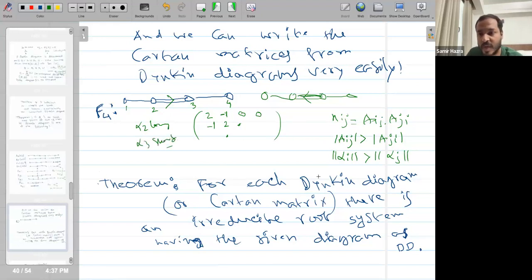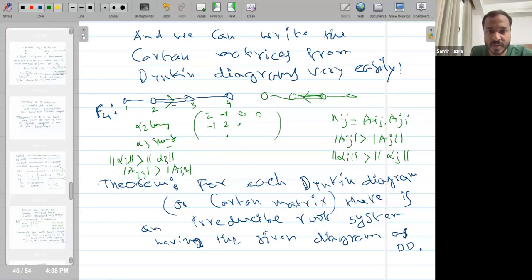So if alpha 2 is long, which means the norm of alpha 2 is bigger than the norm of alpha 3, which means from here, mod of A23 is bigger than mod of A32.